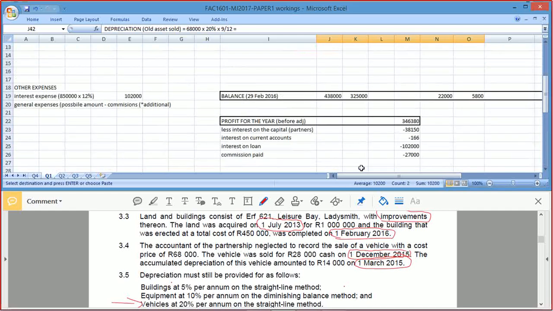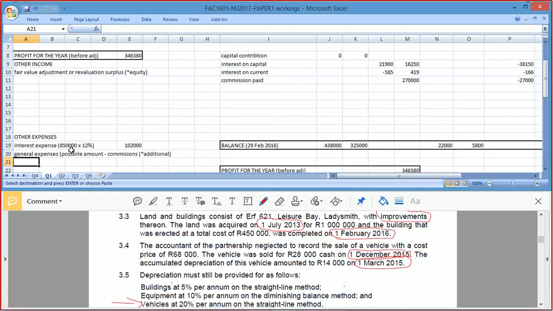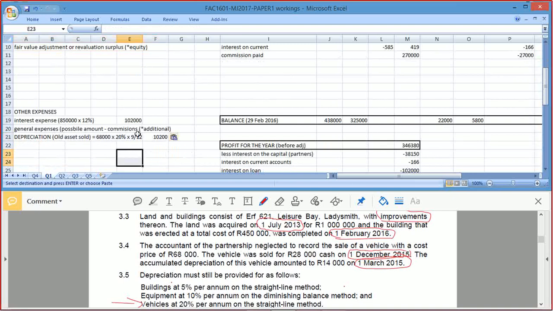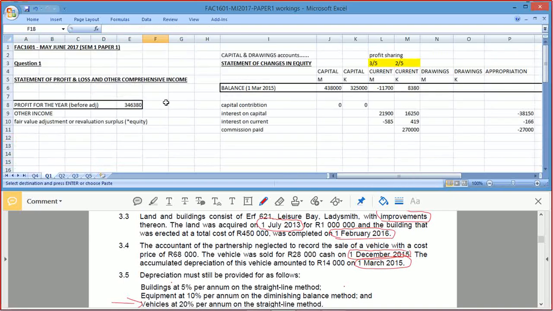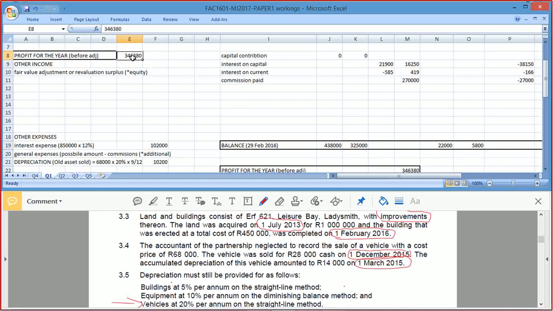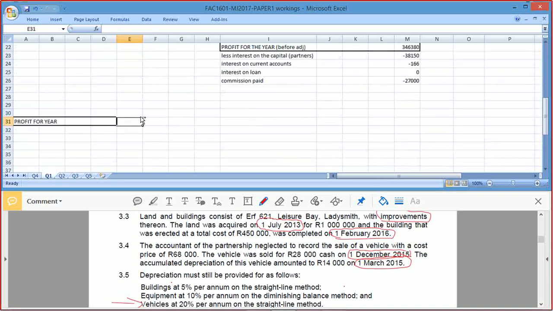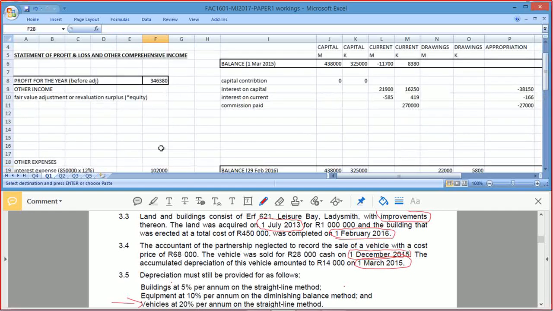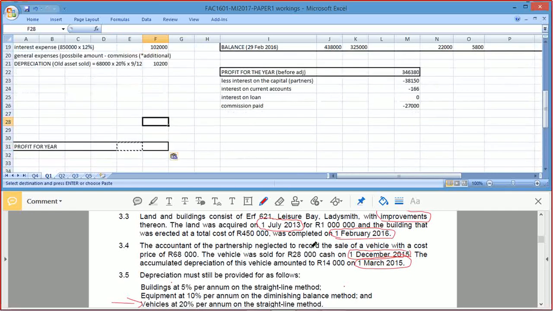So this is going to go here in the other expenses. Depreciation on the old asset sold must be disclosed here. Got that?